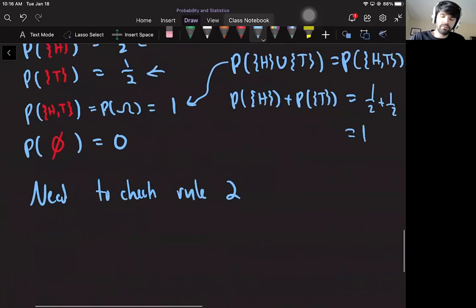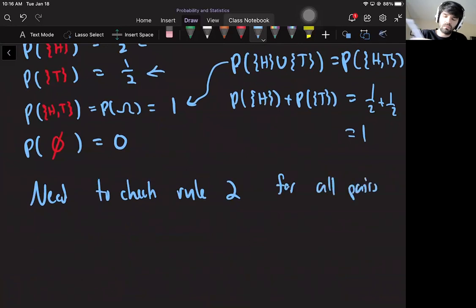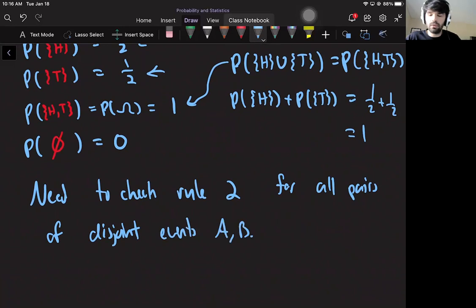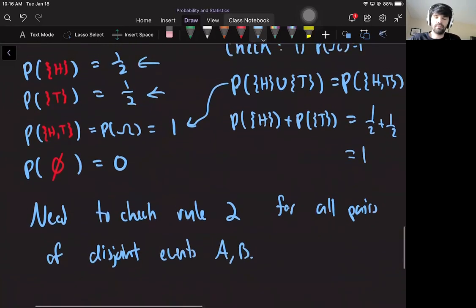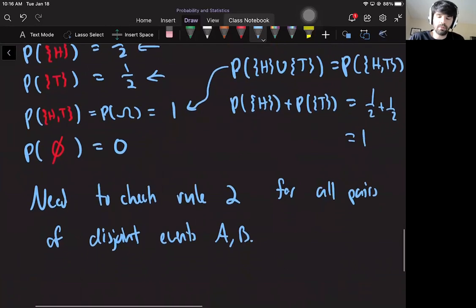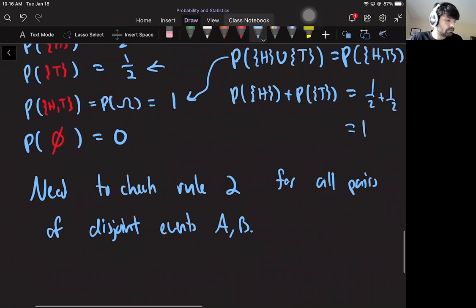And it could take you a while. So all pairs of disjoint events. And we just checked it for 2. It wouldn't actually take that long for this example, but for bigger examples, it would take very long to check all the possibilities. But luckily, we're not going to have to do that, and we'll see why in a second.